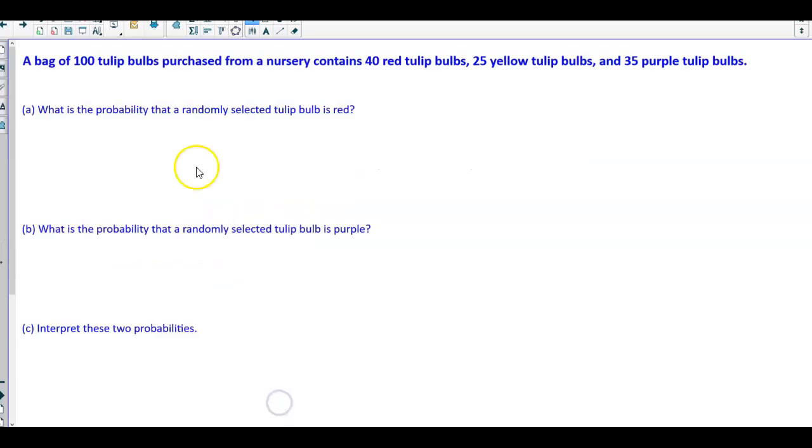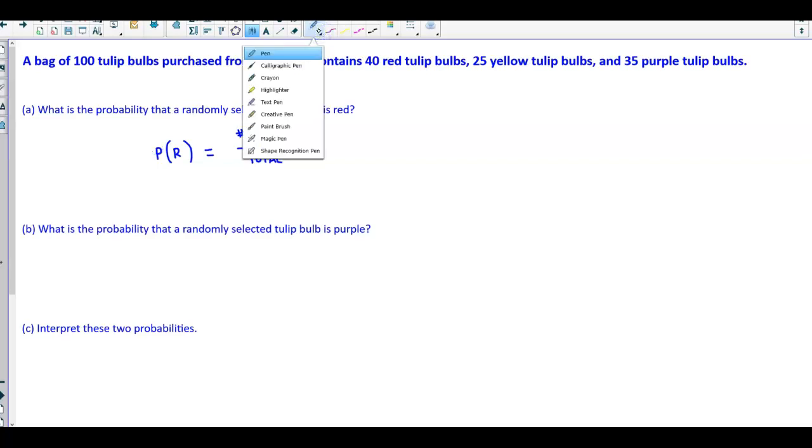So we're going to go ahead in here and we want to find out what is the probability that a randomly selected tulip bulb is red. So I'm going to use red for our event. What we want to find is the number of red tulip bulbs divided by the total. So how many are red?